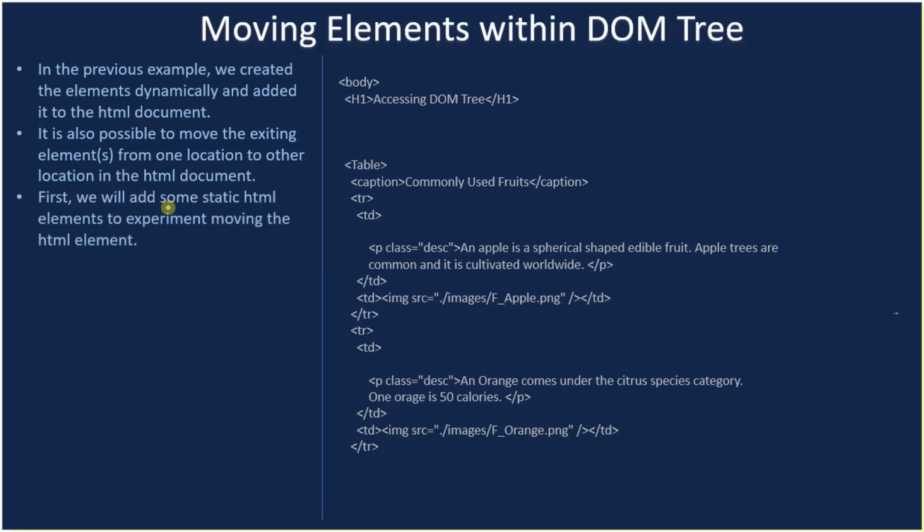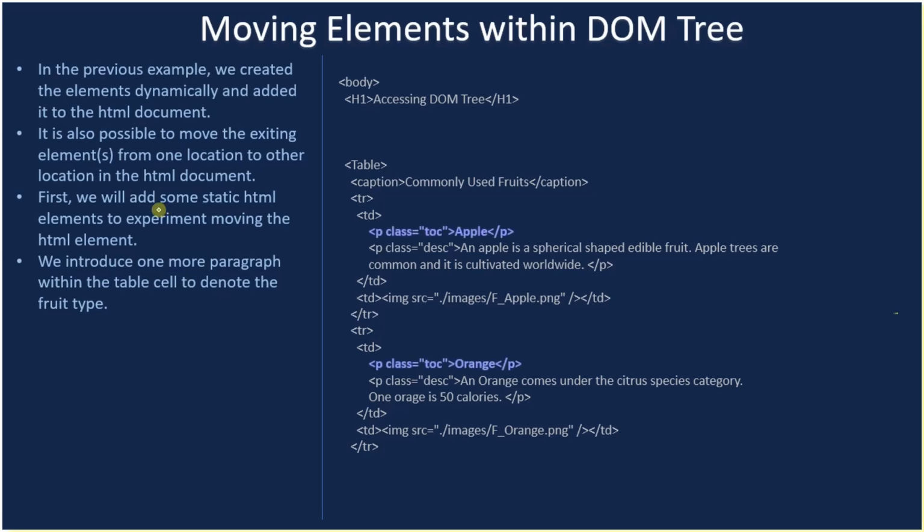First, we will add some static HTML elements to experiment with moving the HTML element. We introduce one more paragraph within the table cell to denote fruit type. If you see, this is our TD, right?